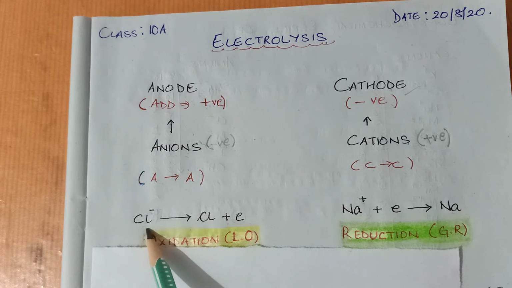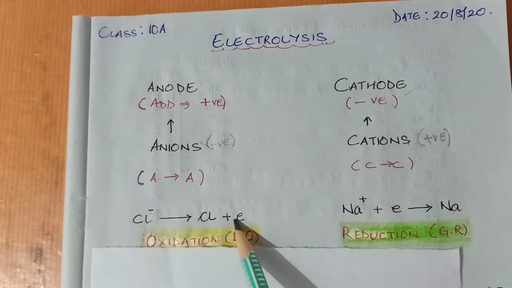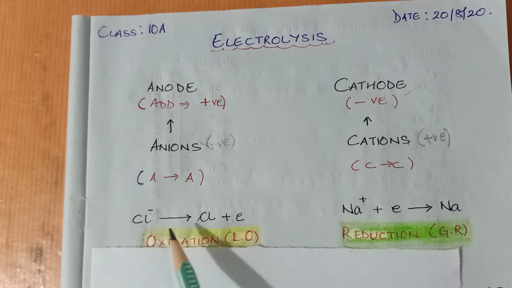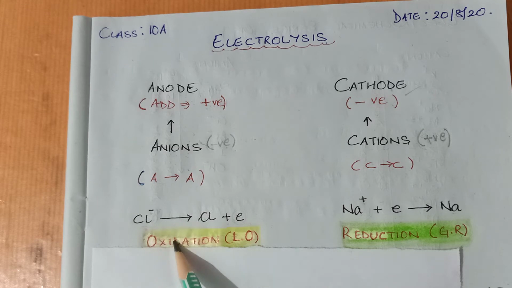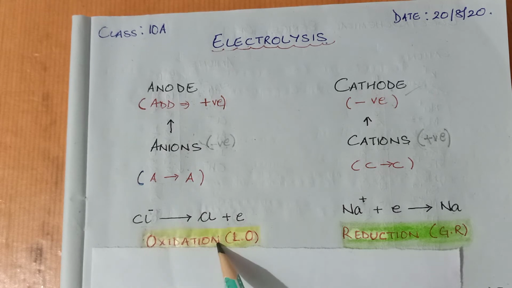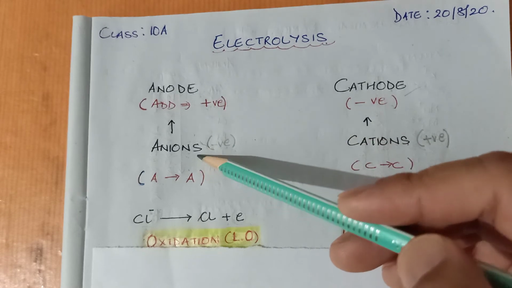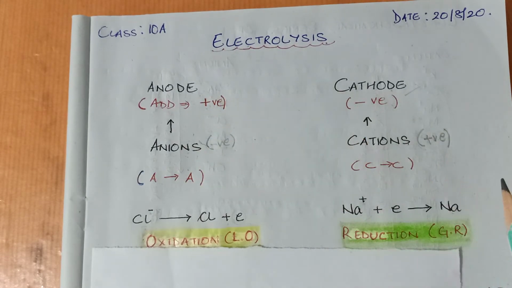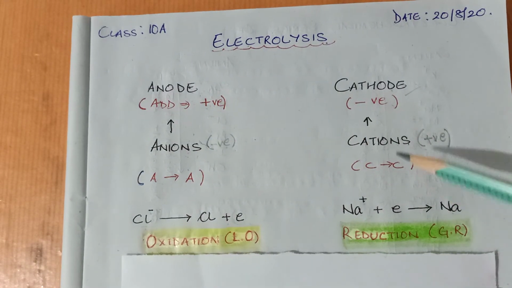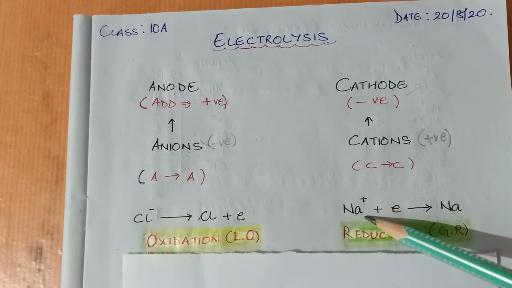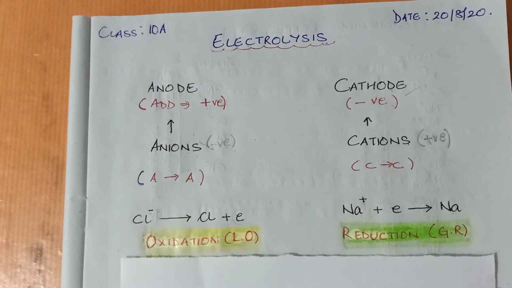So here at the anode, loss of electron takes place, and what type of reaction is taking place over there? Oxidation. So at the anode, anions undergo oxidation reaction, whereas at the cathode, cations will gain electrons.